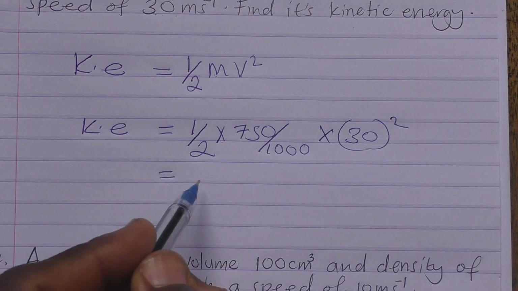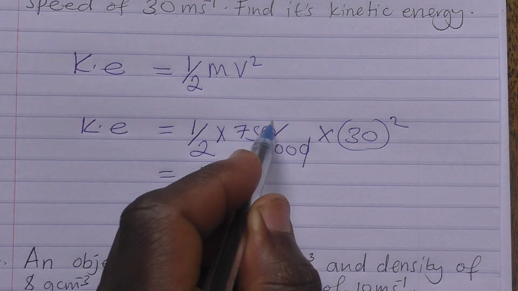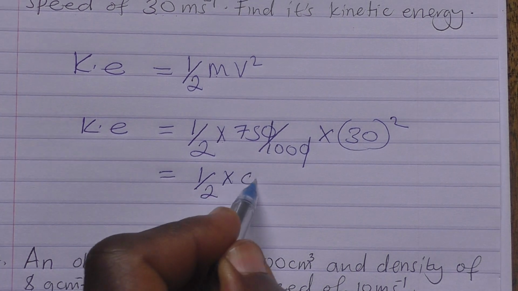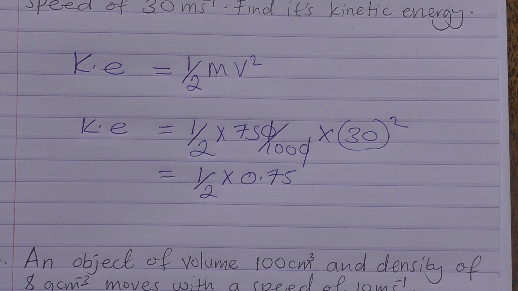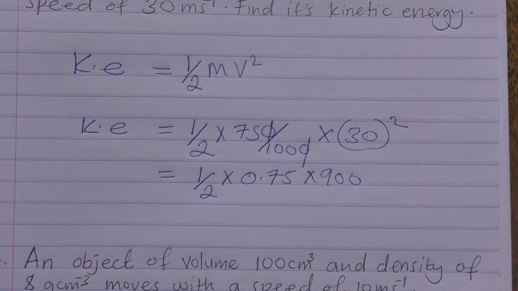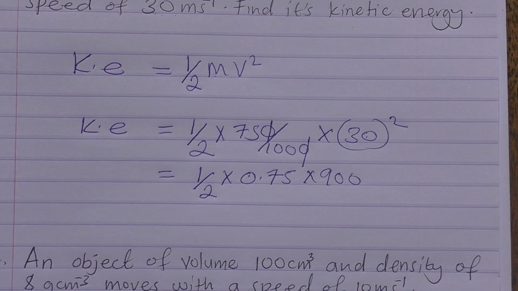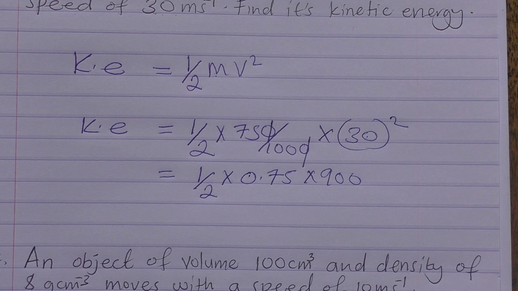So that gives us a half times, we can reduce this and that is 0.75 when we divide, times 900. So you simplify that with the help of a calculator and get energy. Still, energy is measured in joules, just like work done.